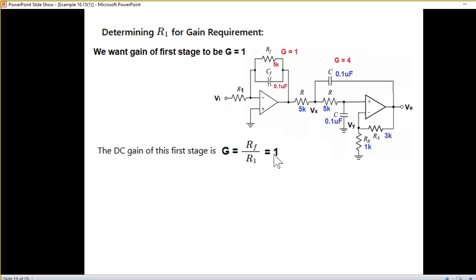So it has to be 1 because that is what we want. Now RF we already know is 5K. Therefore R1 has to be 5K to get a gain of 1. So this completes our design to get a gain 1 from the first stage and 4 from the last stage.